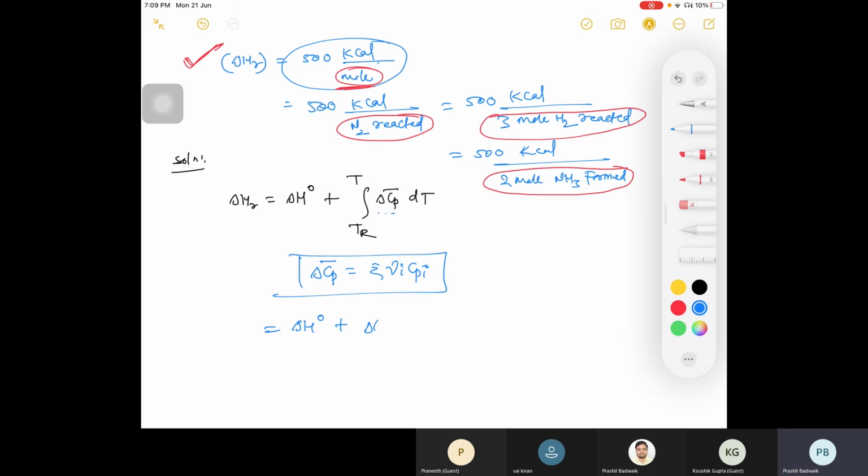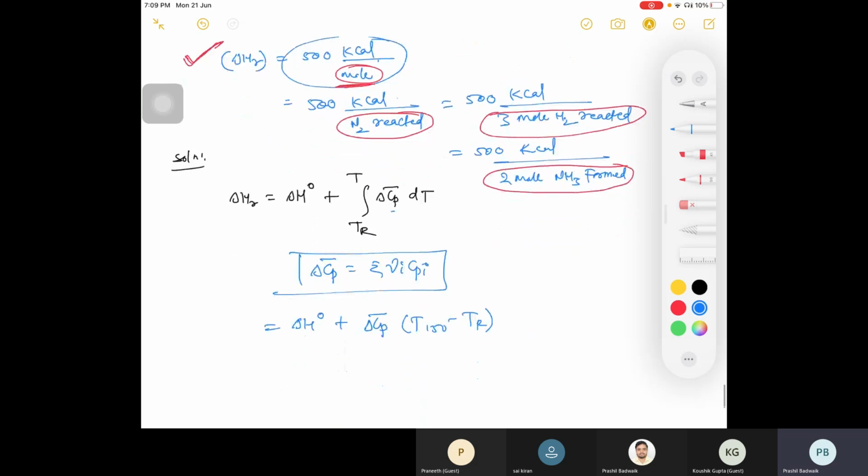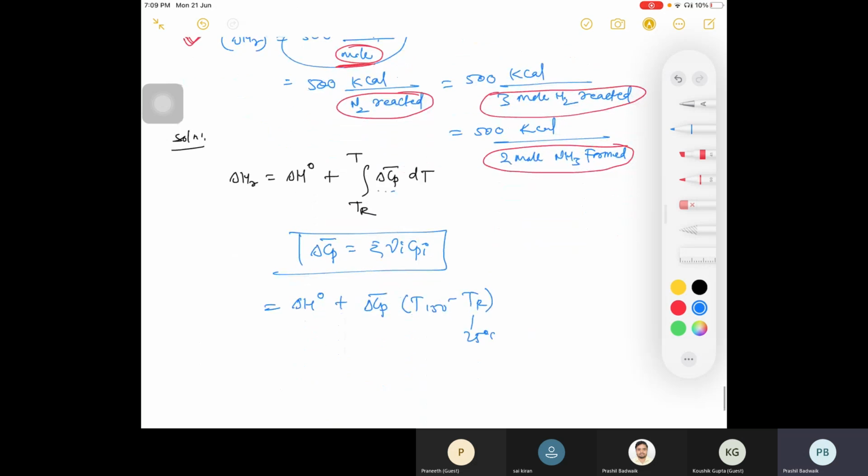T is your 150. The reference temperature is the temperature at which your enthalpy is given, the standard, so it is 25 degrees Celsius, right? This will also be at 25 degrees Celsius. Now what is your value of delta H reaction then?